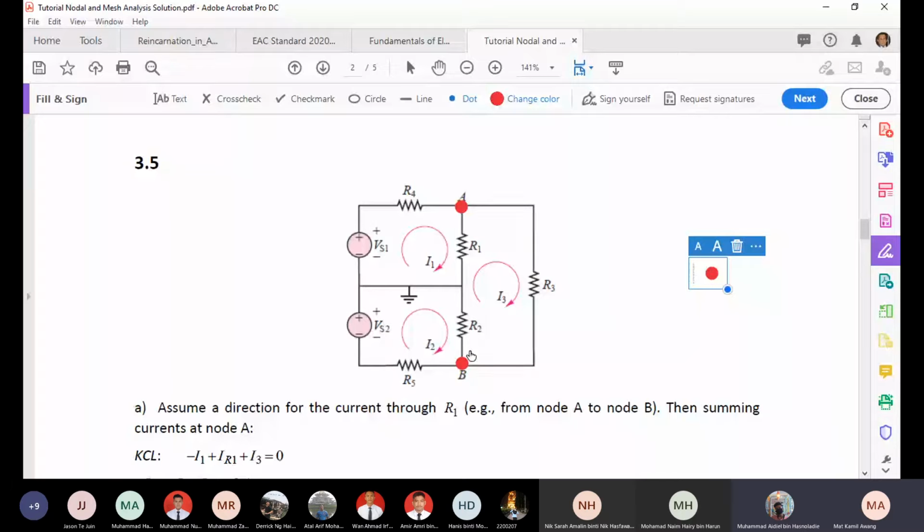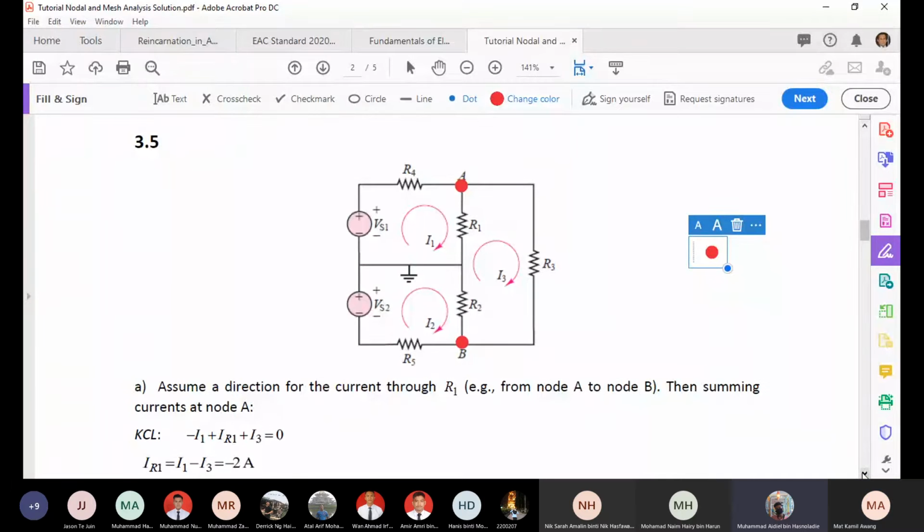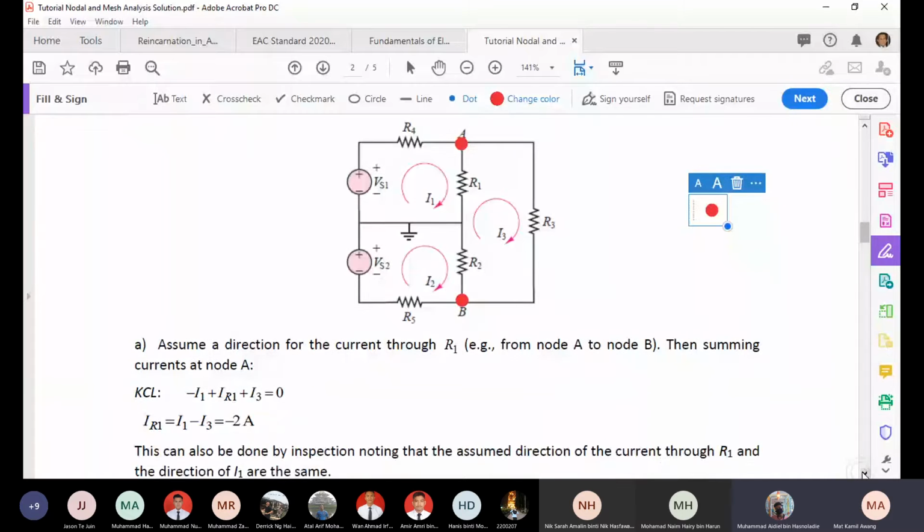We assume IR2 is going out from B to A in this example. So you can write the equation.